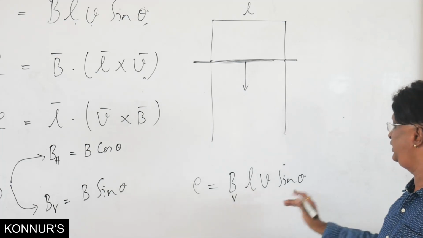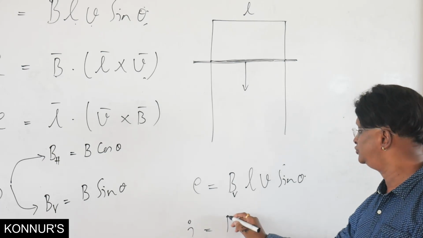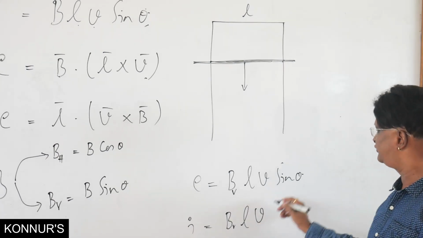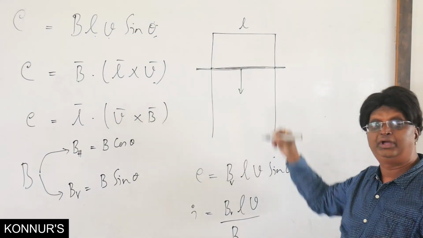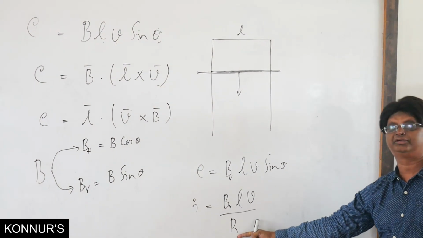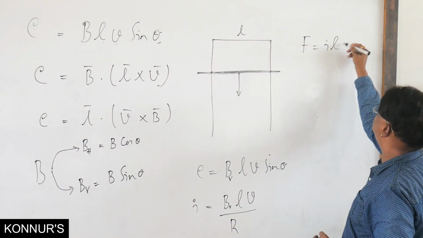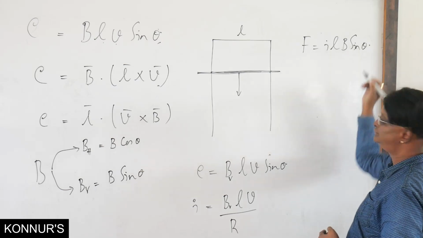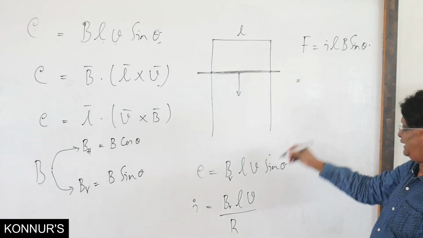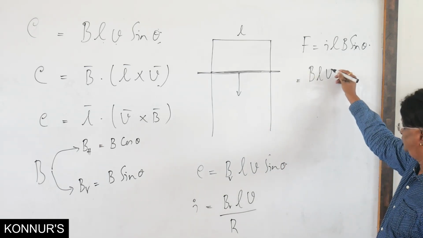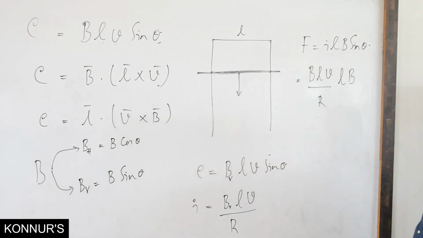See, E is equal to BLV sin theta, of course B being the vertical component, and therefore what is the current? I is equal to BLV, suppose sin theta is equal to 1, divided by capital R, if capital R is the total resistance of the loop that we have considered. Now according to this expression, F is equal to ILB sin theta comes into the picture, which will give I, which is BLV by R, times L times B. Let us take sin theta to be 1.